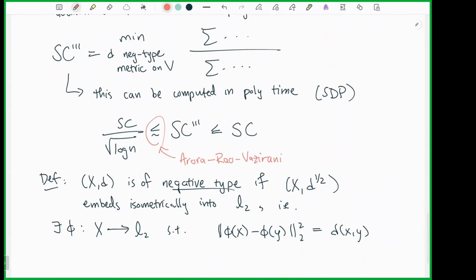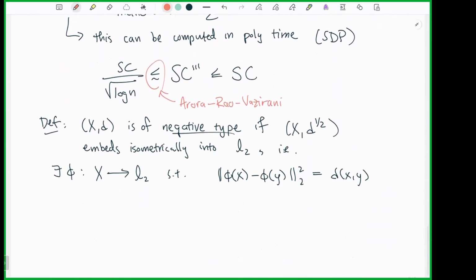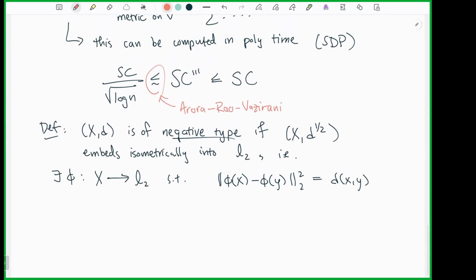Okay. So what do we know about these spaces? I guess maybe it's good to see some examples. This is going to be a short list because, like I said, I don't know a good geometric motivation for thinking about negative type spaces. One example is L1. L1 is a negative type space.